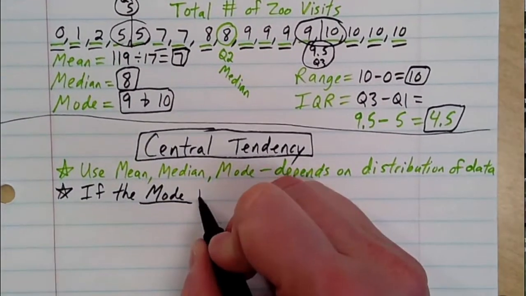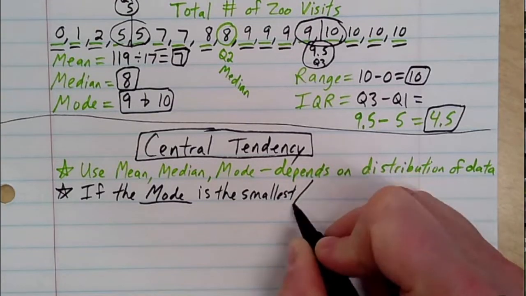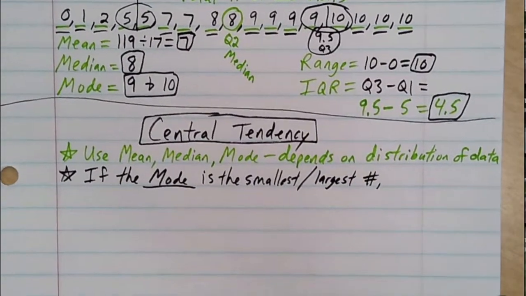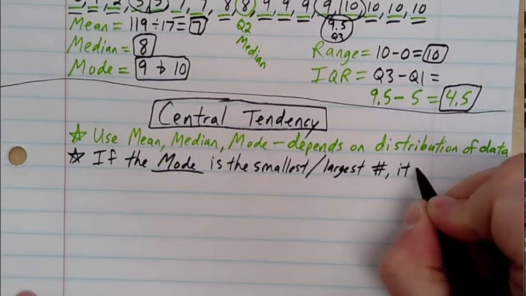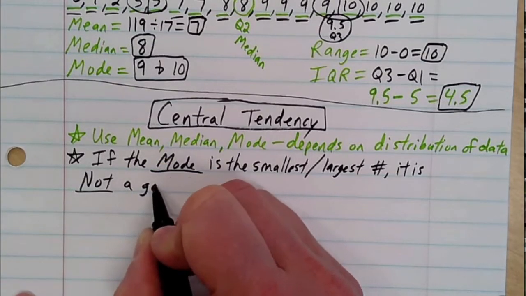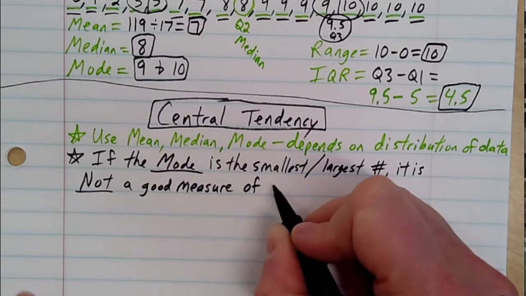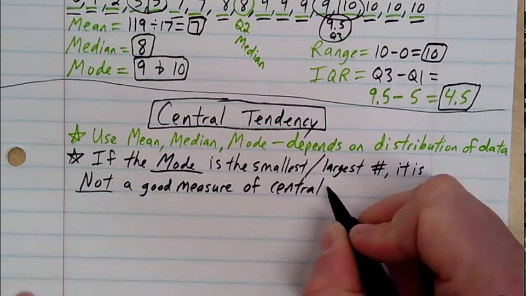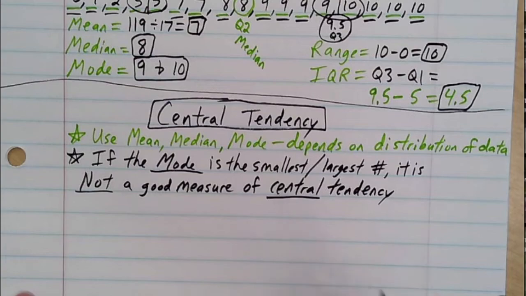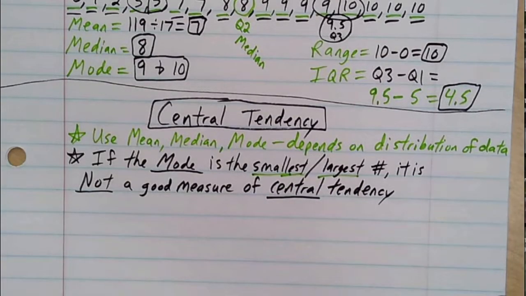So if the mode is the smallest or even the largest number, then it's not a good measure of central tendency, meaning it tends to be in the center. Well, if the mode is the smallest or the largest number, it's not going to be in the center because it's going to be either to the left or to the right.